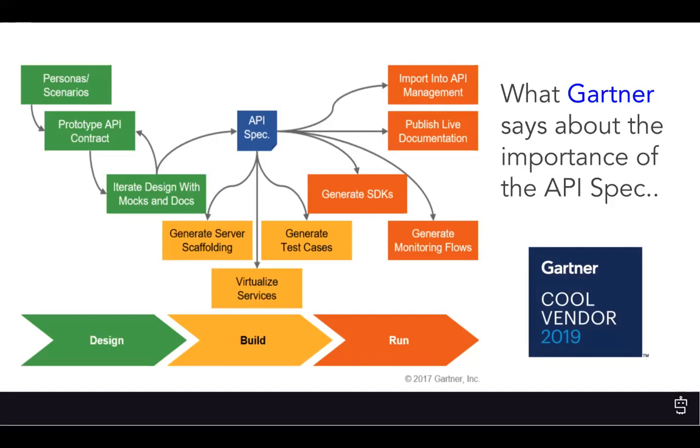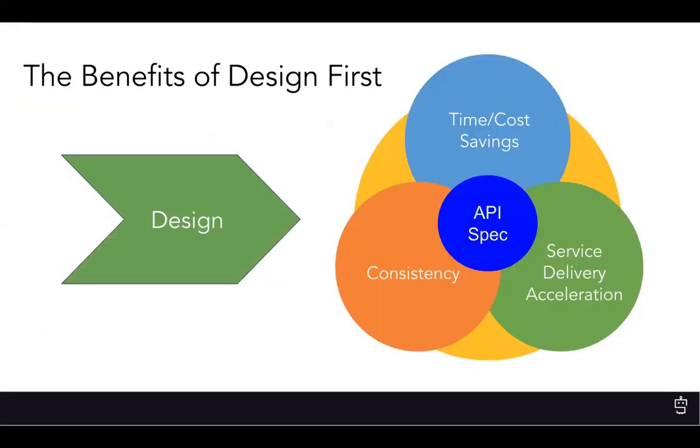Thinking about that API spec and the design piece, we can also think about the benefits of design first. I have 2 poll questions that we'll cover in this webinar, and this is the first one. What are the benefits that you're looking to gain with API design? I know we only have a few people on the line, but if you could take a second and answer this quick poll.